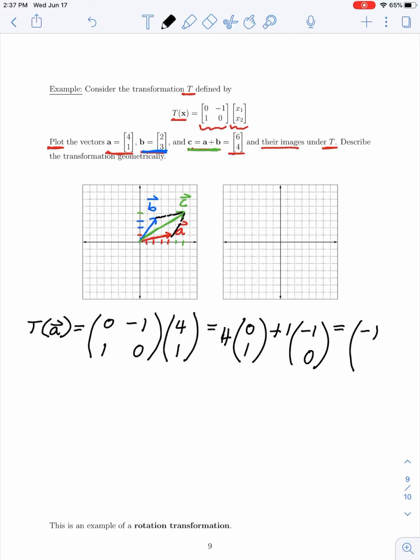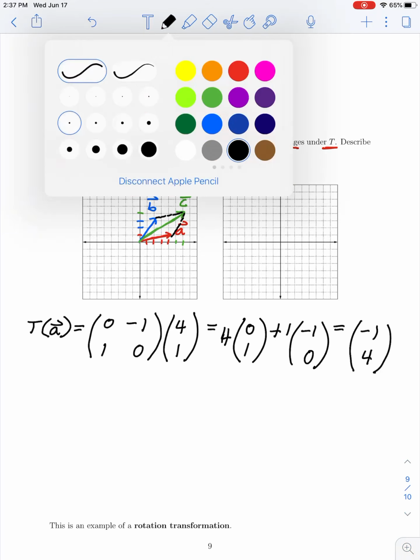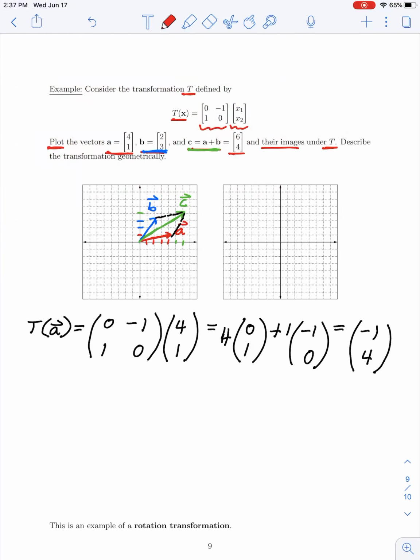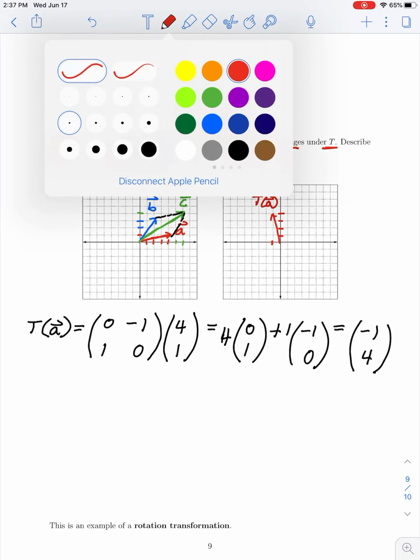So this leaves us with -1 and +4. So the image of the vector A would be (-1, 4). So this is our image of A.